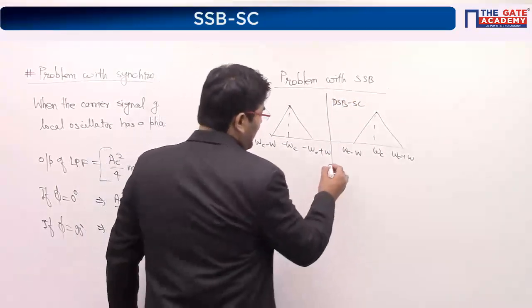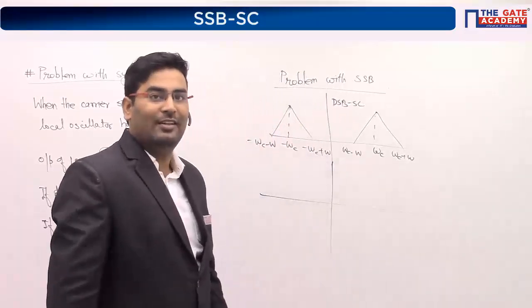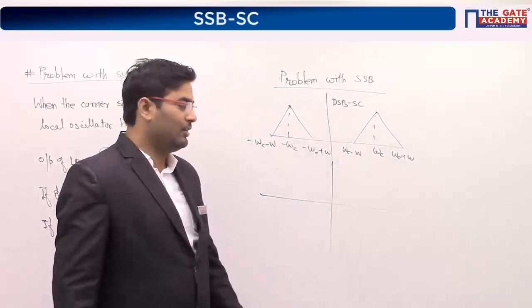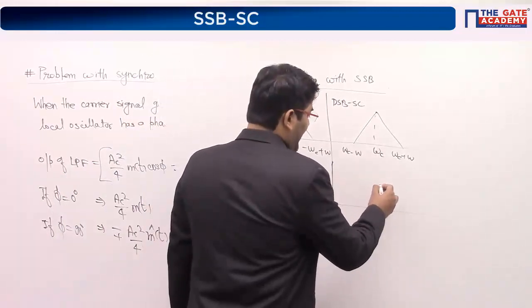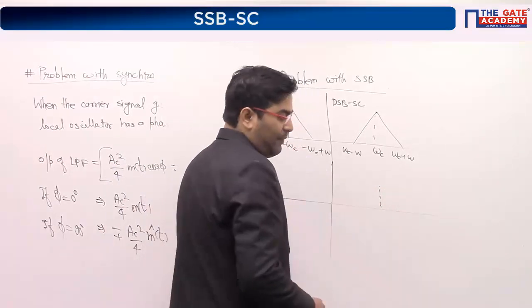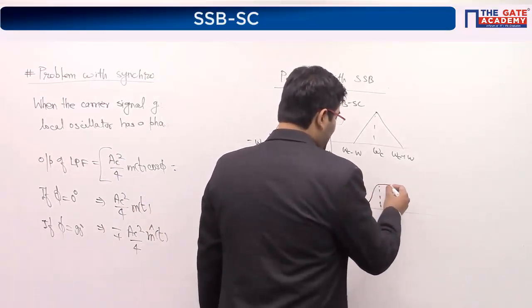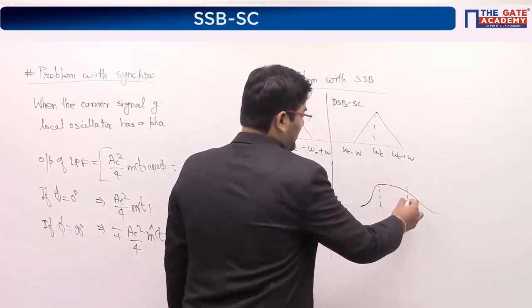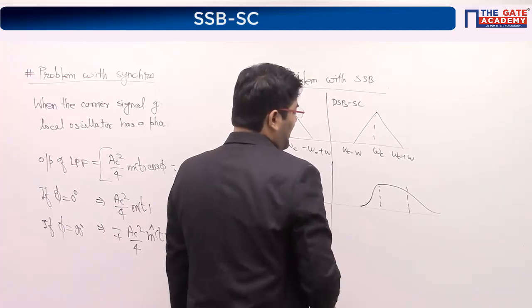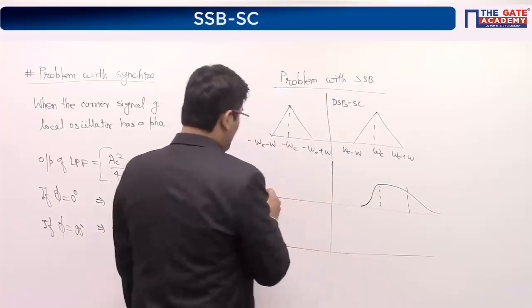Now, if you look at this, and you are thinking of having an ideal band pass filter, then everything looks very good. But generally, we don't have an ideal band pass filter. We have a practical band pass filter, which will be something like this.